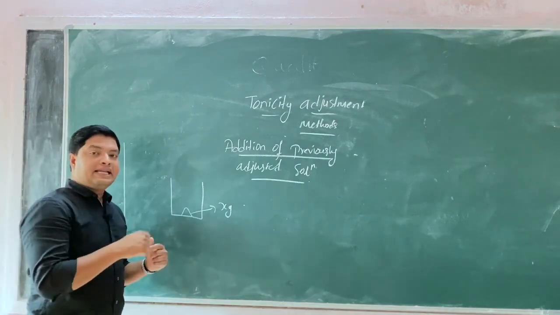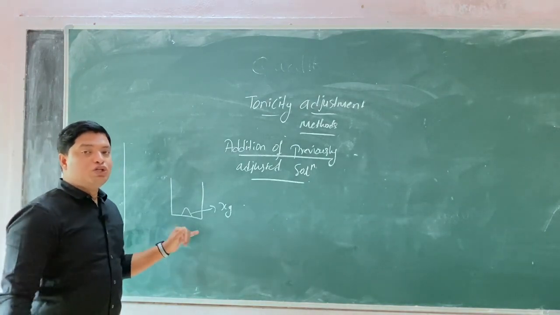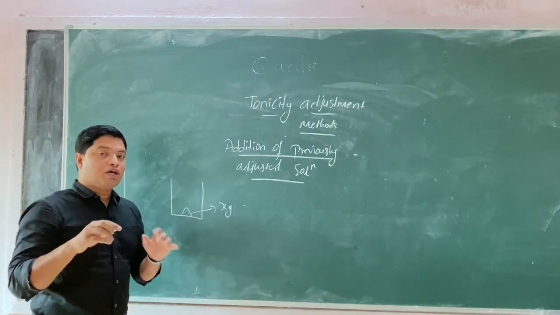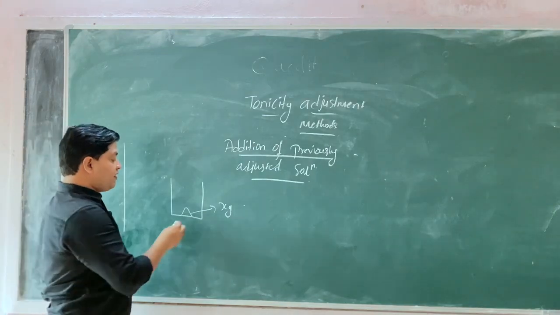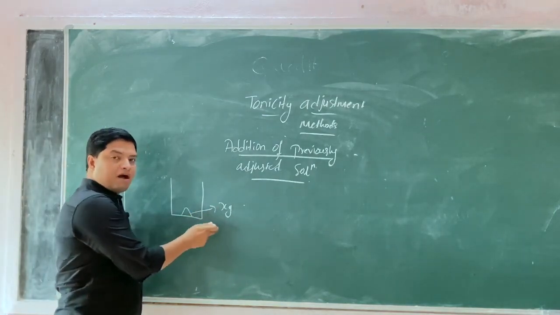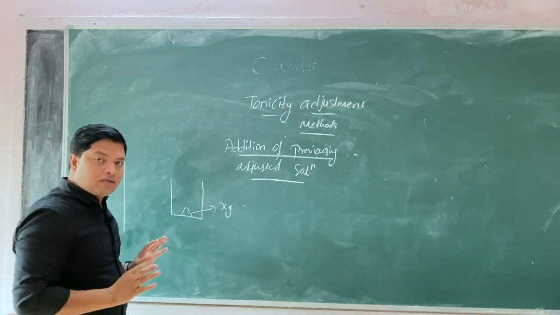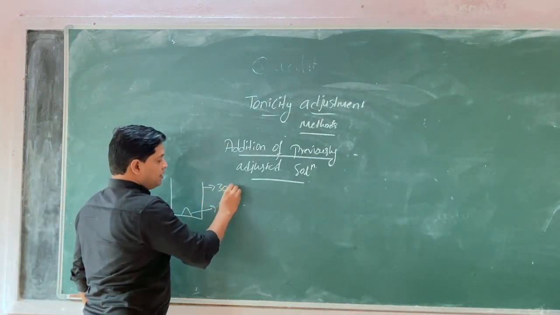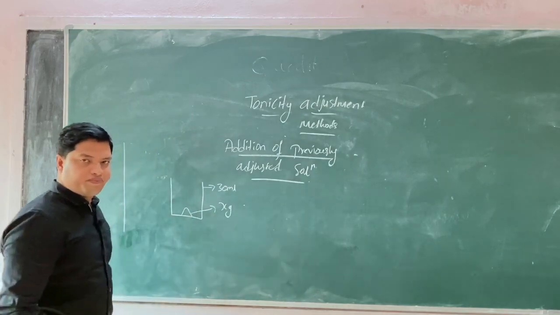In the NaCl equivalent method, I told you that the X grams of drug is equivalent to some amount of NaCl. So if I want to make only this X grams of drug isotonic, let's say I ask you to prepare 30 ml of drug solution.